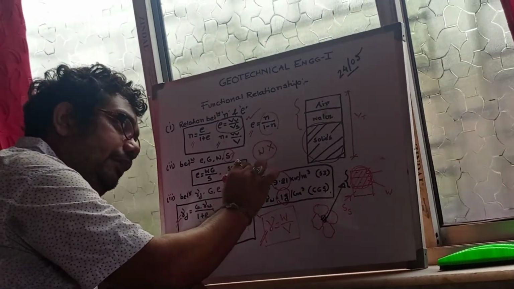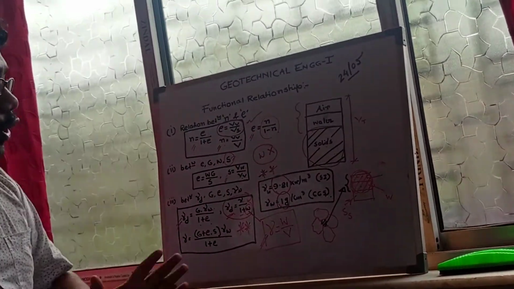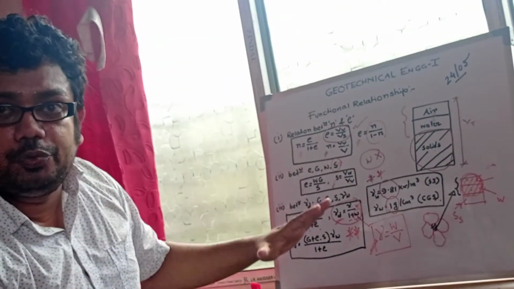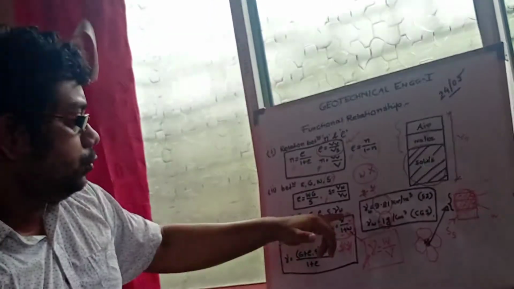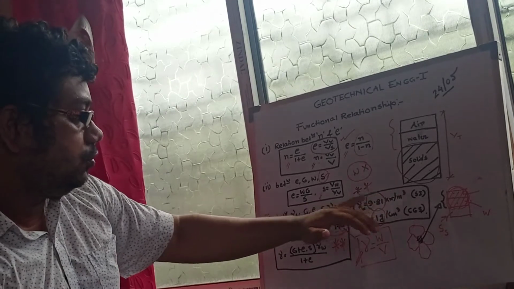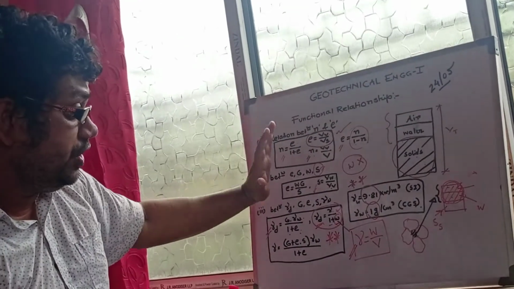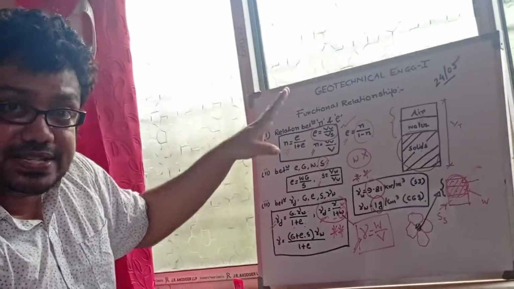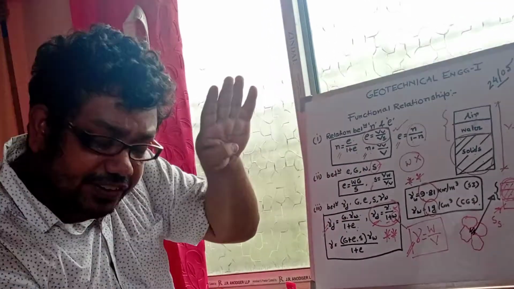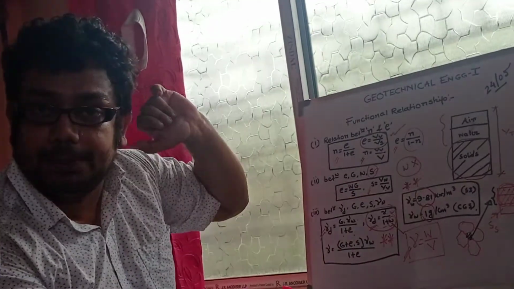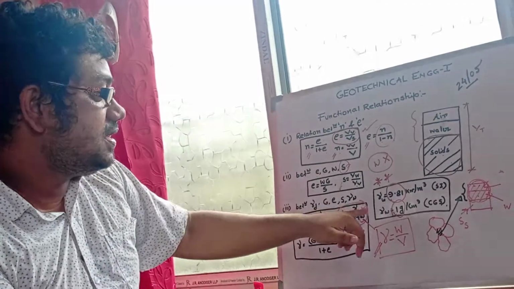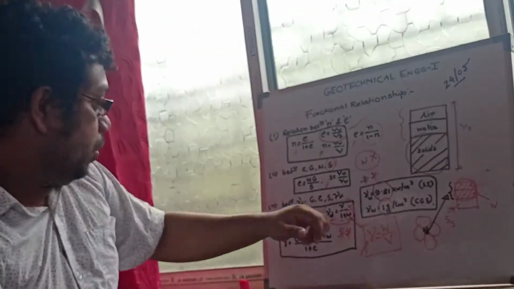Very important part. Otherwise the entire problem will not be correct. Either choose 9.81 for SI, or recheck all the other units, either in SI or CGS. If it is SI, consider gamma w equal to 9.81, and if it is CGS, consider gamma w equal to 1.